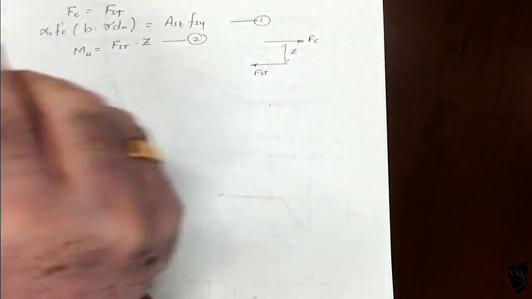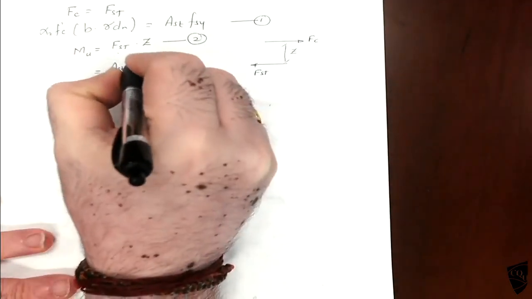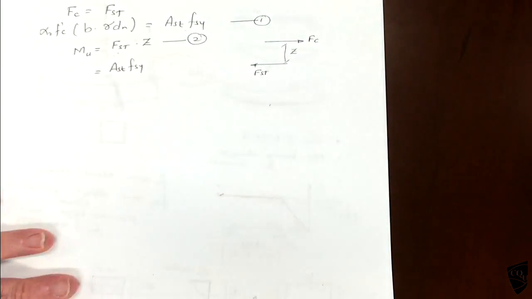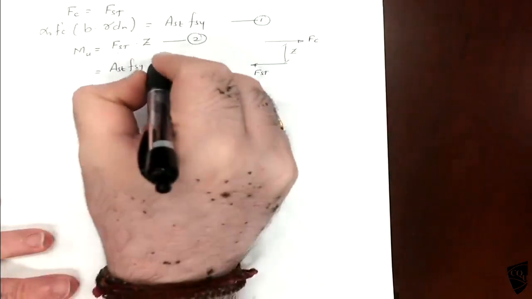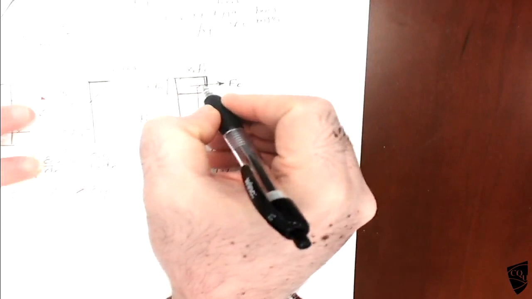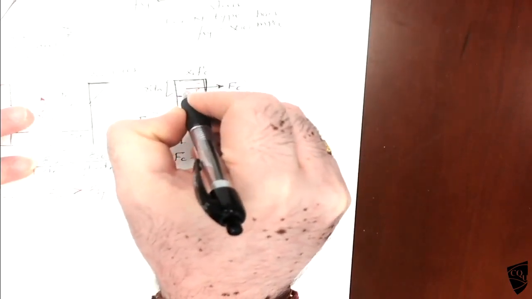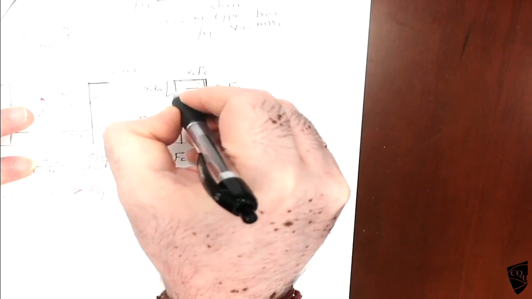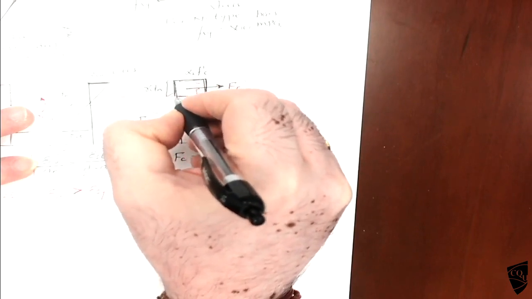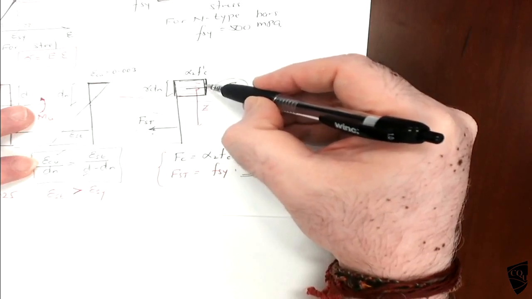So this is the second equation. This one is AST FSY times Z, the distance. This is a rectangular distribution, so the force will be in the middle. This is gamma dn, so half of that is gamma dn by 2.